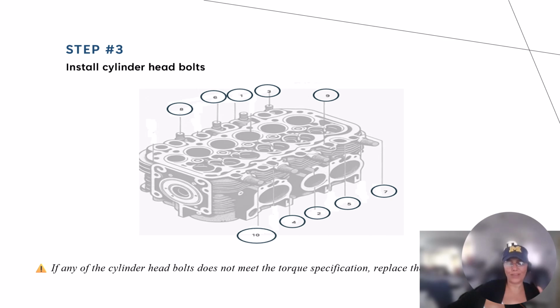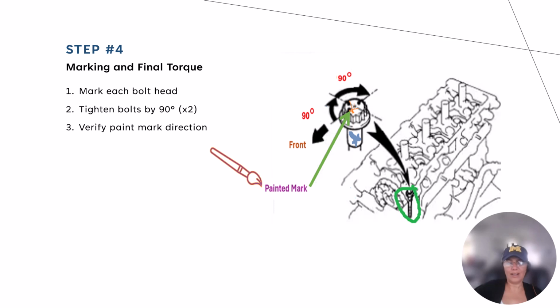Okay, once the bolts are in place, use a paint marker to mark the front of each bolt head. This will help us track the rotation in the next step. Now, go back and tighten each bolt by 90 degrees. Again, following the same sequence.